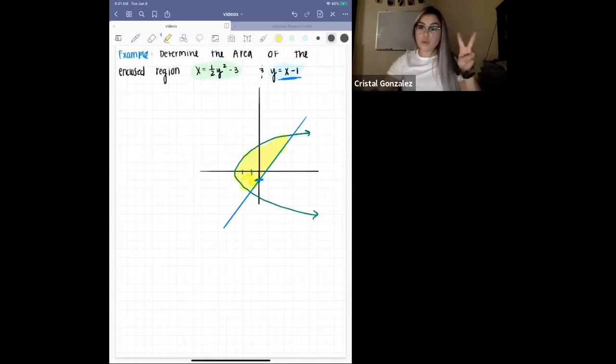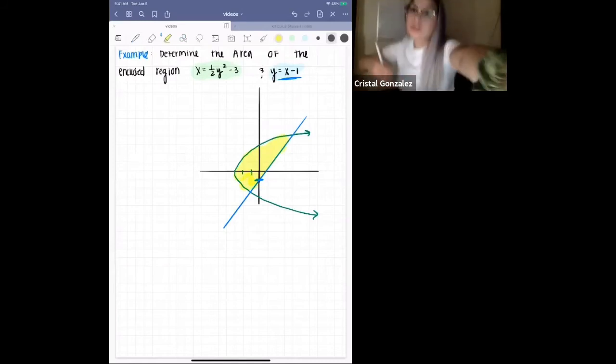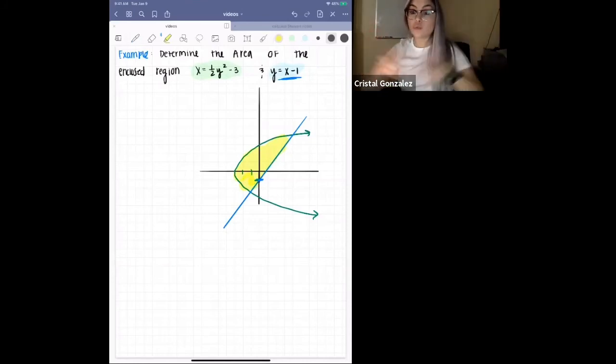And we have two options in order to evaluate this. We can still choose to do vertical rectangles so that we integrate with respect to x. We can still do that, but the process becomes a little bit more tricky.